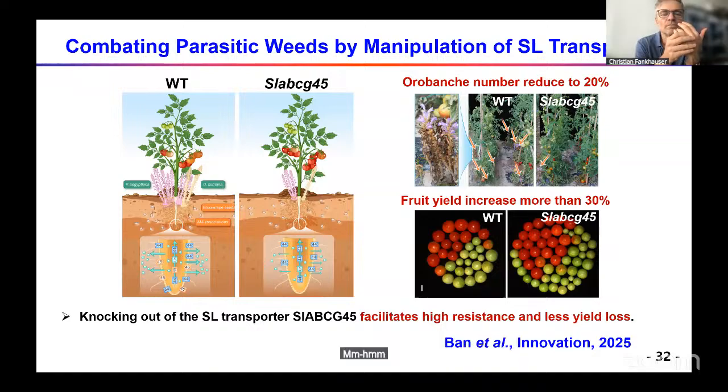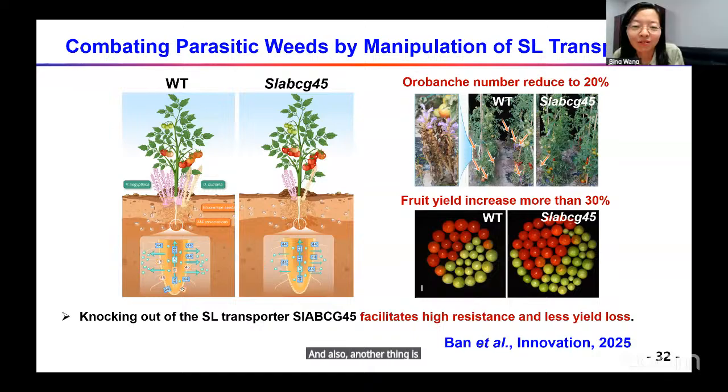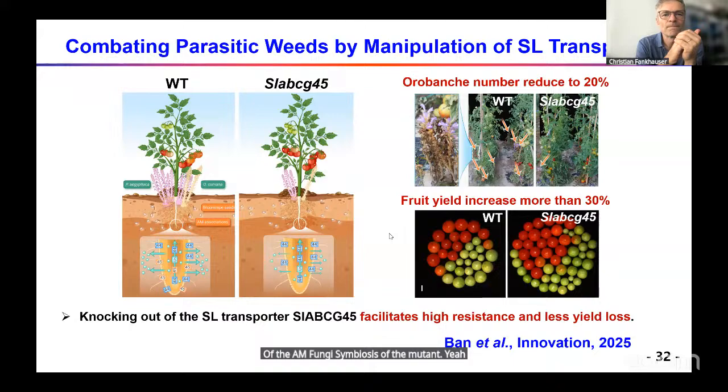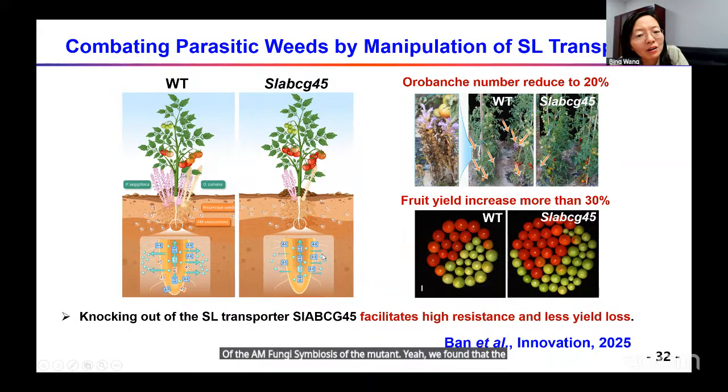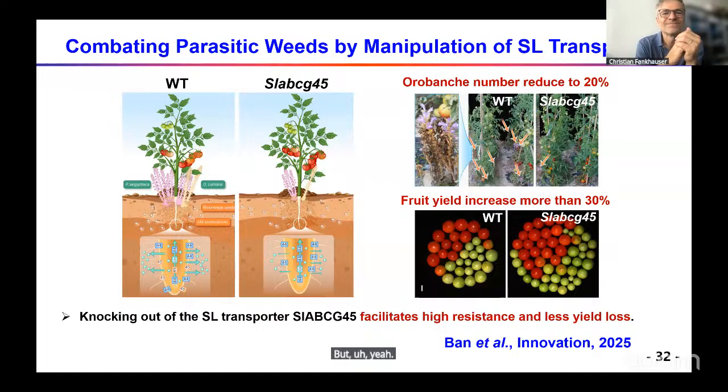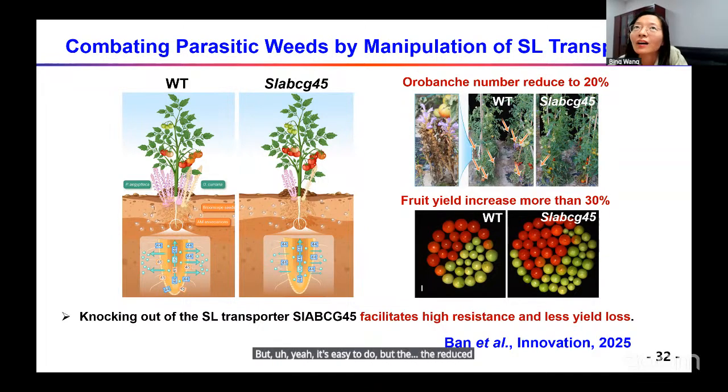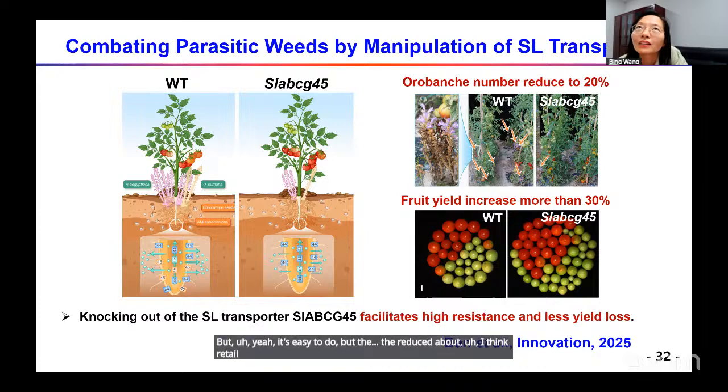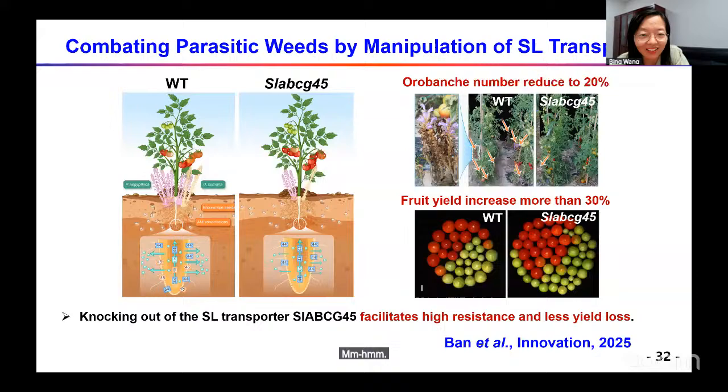And also another thing is AM fungi. We also evaluated the influence on the AM fungi symbiosis of the mutant. We found that the symbiosis is reduced, about 14%, but it does not influence the plant growth because we use many fertilizers in the field.